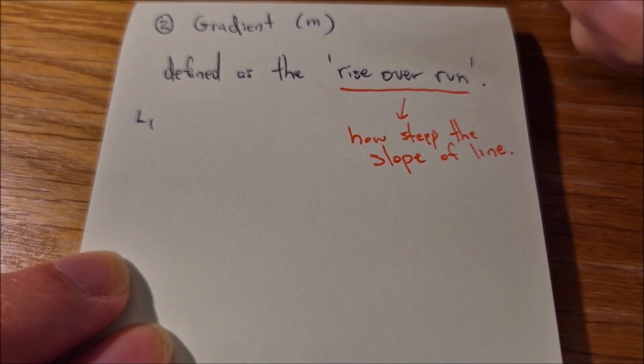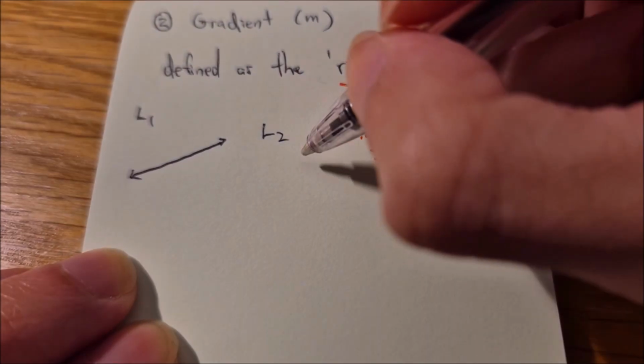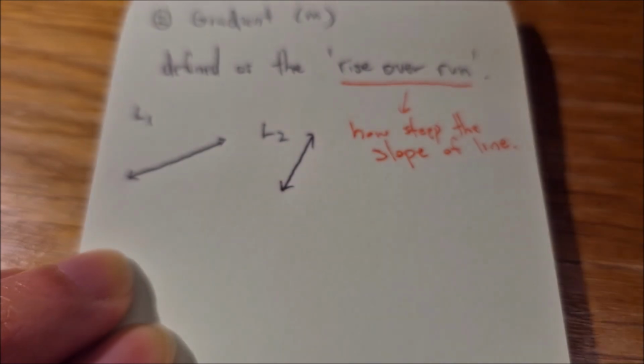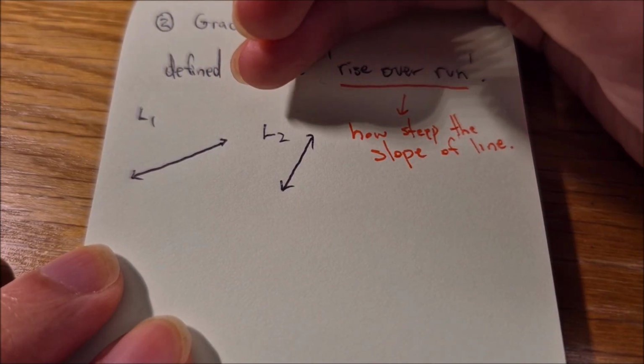Say we have line 1, and it's like this, and we have line 2, and its slope is like this. Now the rise is the vertical distance.